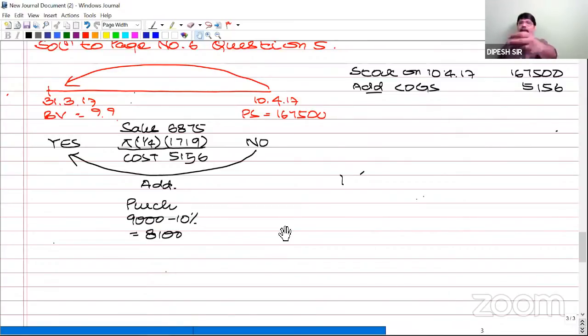I purchased a phone on 2nd of April. Was that phone with me on 31st of March? Obviously not. So if I purchase anything after 31st of March, it was not there with me on 31st of March.